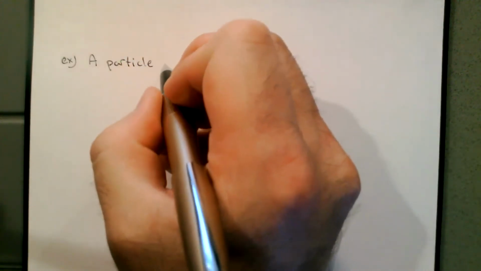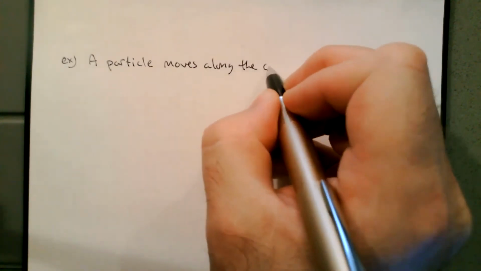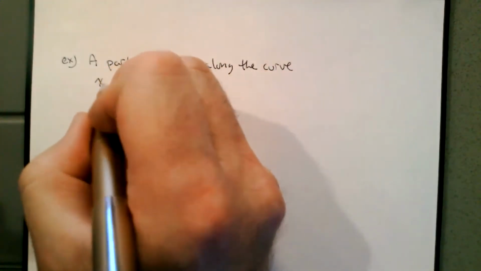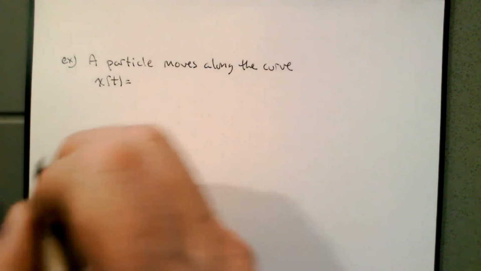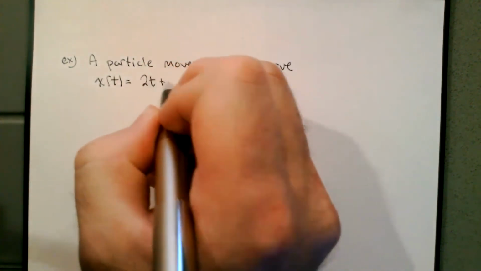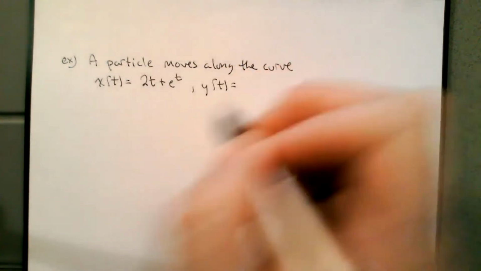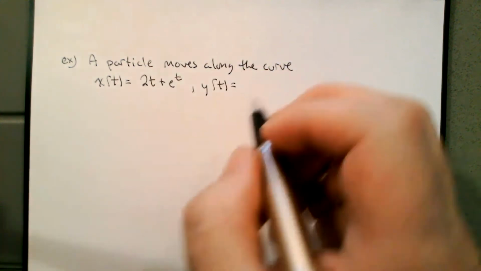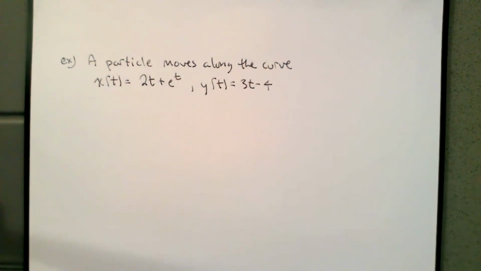So let's suppose that a particle moves along the curve where x of t is 2t plus e to the t, and y of t is 3t minus 4, and t is time.